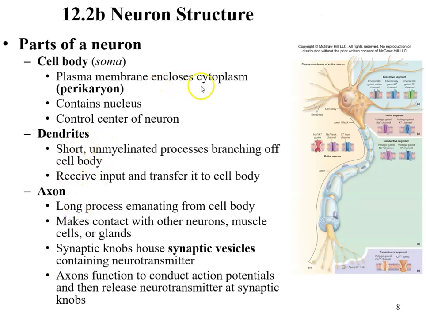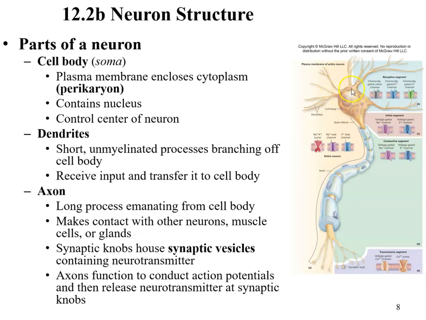All right, so the parts of a neuron, we'll start here. You have what's called a cell body. It's also referred to as the soma or the perikaryon. It's a plasma membrane enclosing the cytoplasm. It contains the nucleus, and this is the control center of the neuron. Then you have dendrites. These are short, unmyelinated processes branching off of the cell body, and they receive input and transfer it to the cell body.